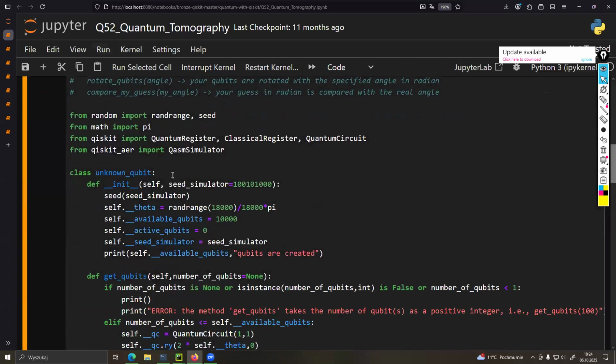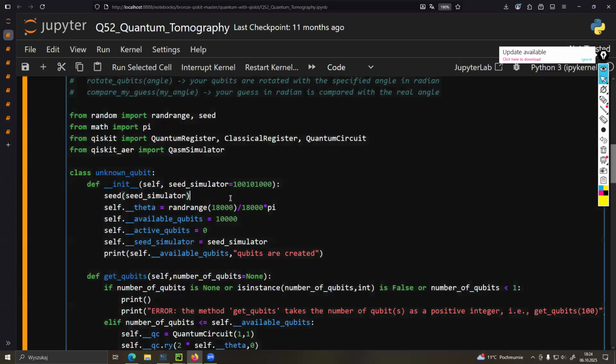I have made yet another modification to this class, which is the seed simulator. This is a parameter that you do not have, and I just typed in random zeros and ones. As you can see, this is not binary. This is regular decimal, so this is like 10 million or 100 million or something. And from random, I could import seed.